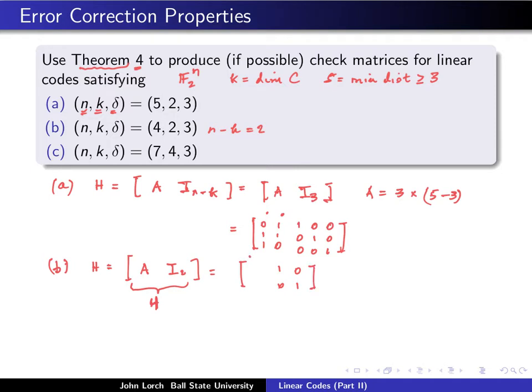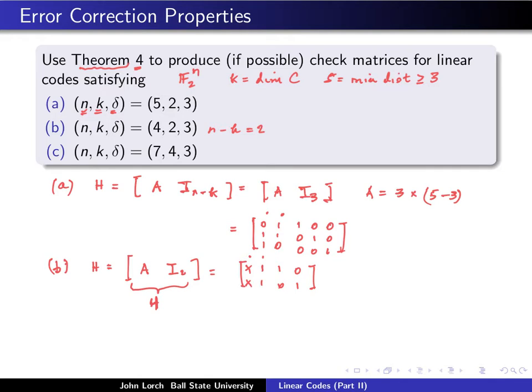And now to fill it out, if I'm going to be able to produce a check matrix for a 1 error correcting code, I've got to put 2 vectors there that are both non-zero and don't repeat anything we already have. Right, so the only thing I can put here that is non-zero and won't repeat what we've already got is 1, 1. But now, when I try and fill this last column, I have no choice there about what to put.